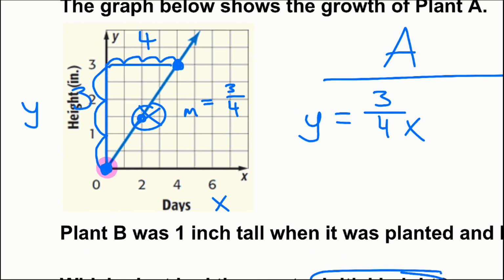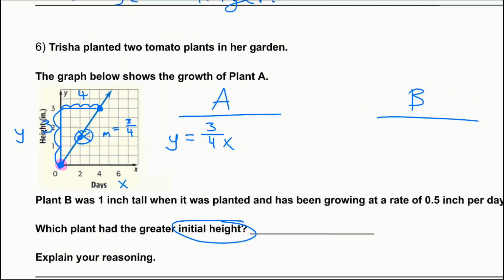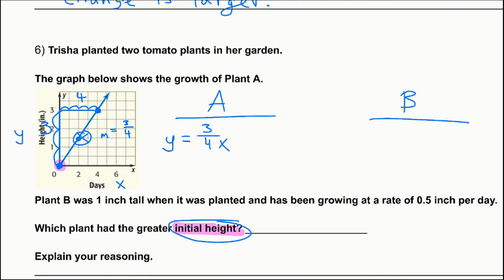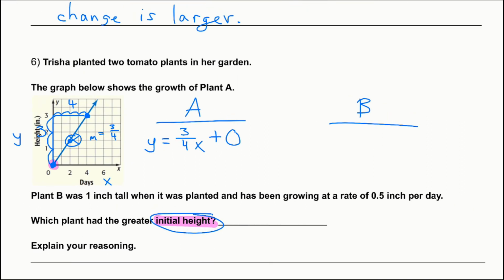So I'm going to highlight that and say initial height is going to be there. Since when x is 0, y is 0, the initial height is going to be 0. It's not anywhere above 0, so it's at 0.